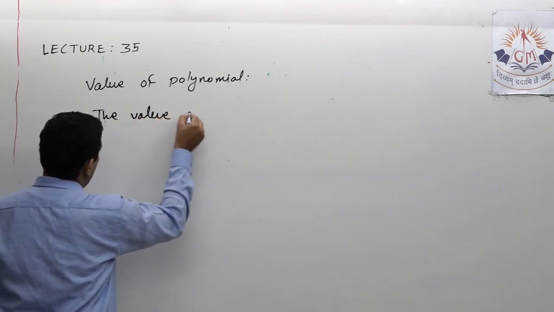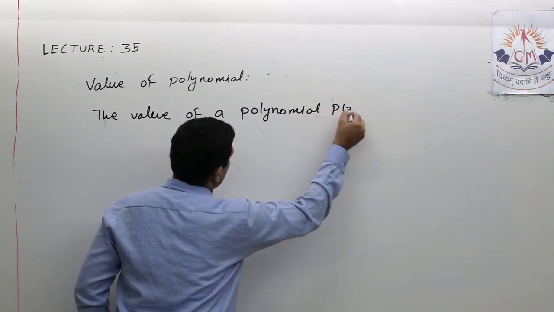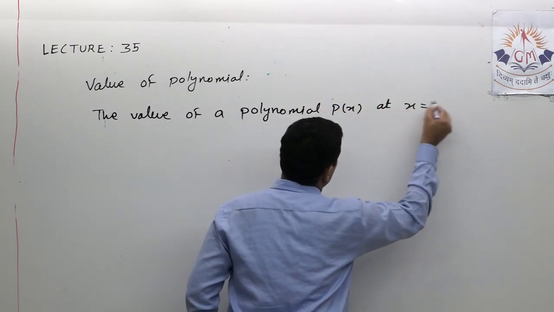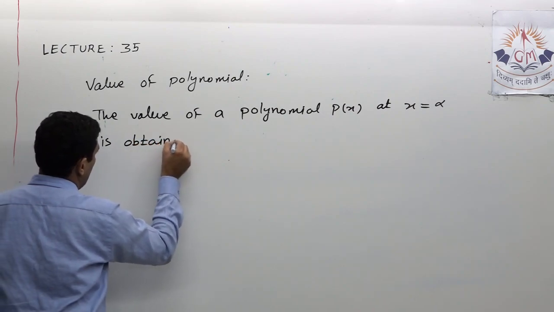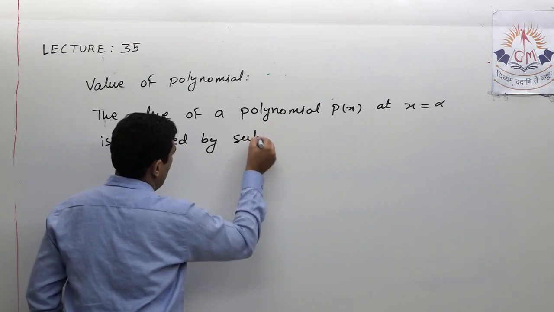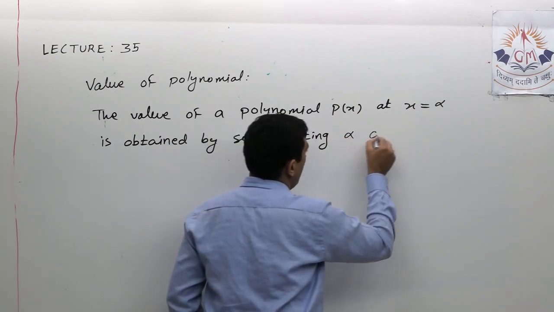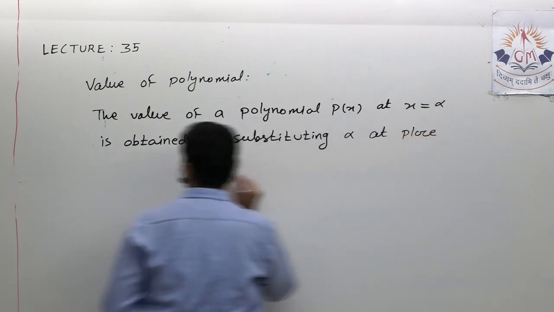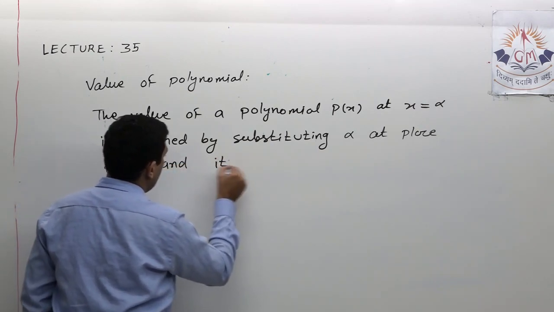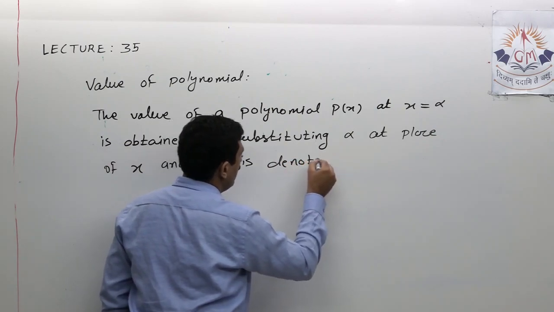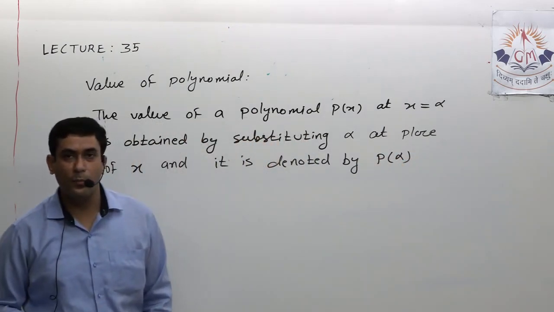The value of a polynomial p(x) at x equal to alpha is obtained by substituting alpha in place of x, and it is denoted by p(alpha), read as p of alpha or p alpha.